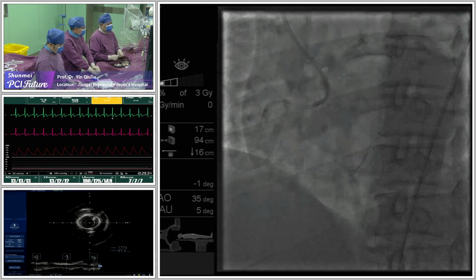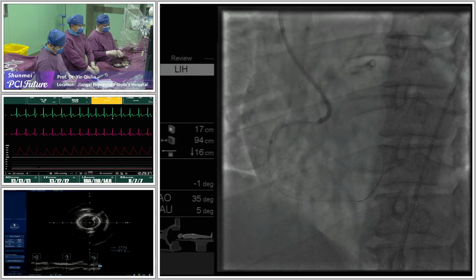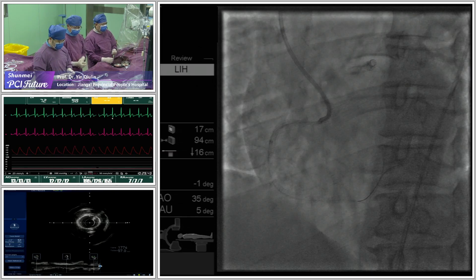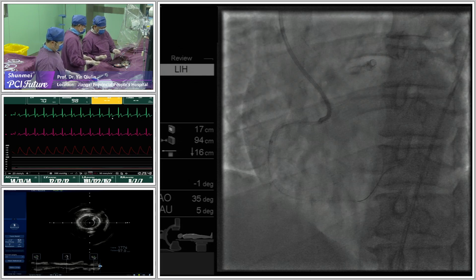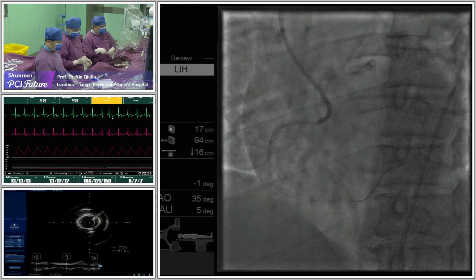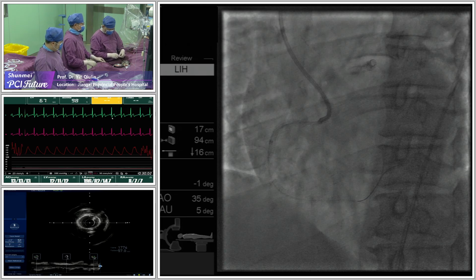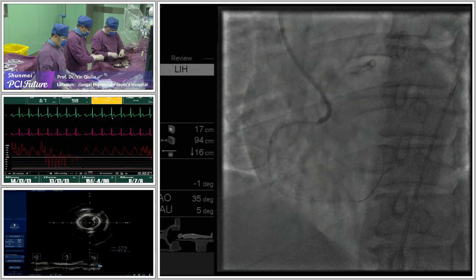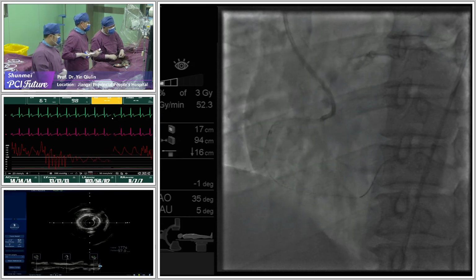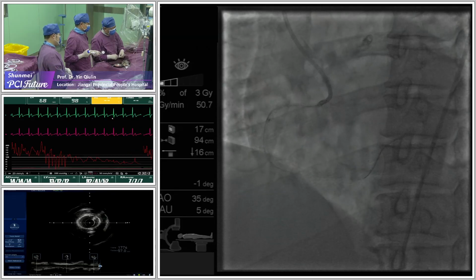The challenge is there are so many types of bifurcation lesions, even though there is only one additional side branch. So we need to do a lot of work or study to compare, to get the right treatment. So we need simple and effective classifications, easy to remember, to capture the detailed morphology.